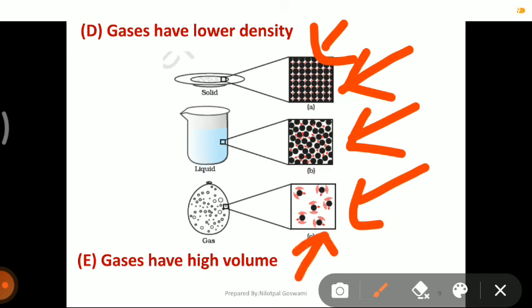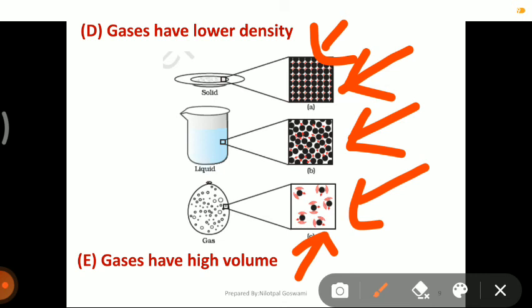So what will happen in a unit area? In this picture it is represented by the squares. In a definite volume, the number of particles of gas is lower than that of liquid and solid. So the total mass of the particles in a definite volume will decrease. Density is mass per volume.